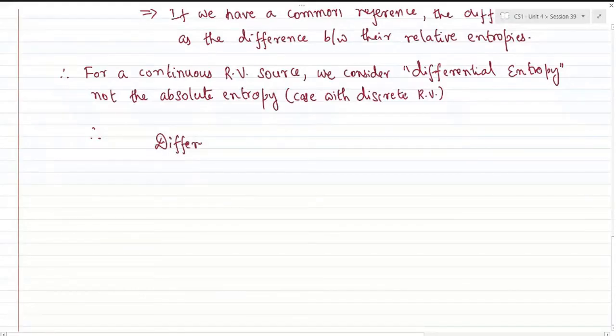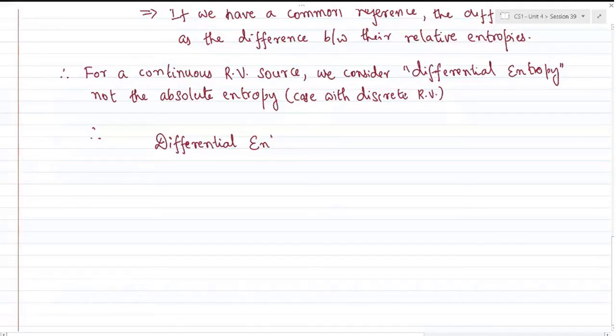It's a relative quantity, it's a differential entropy, not the absolute entropy as is the case with a discrete random variable.